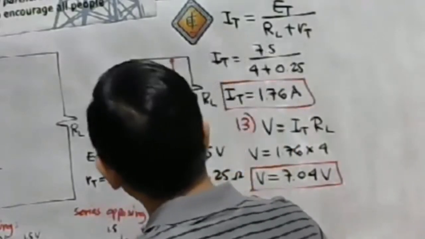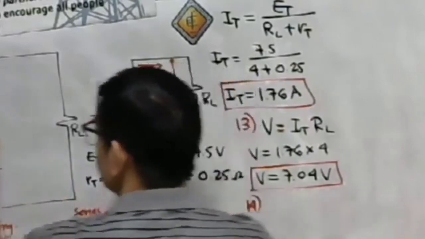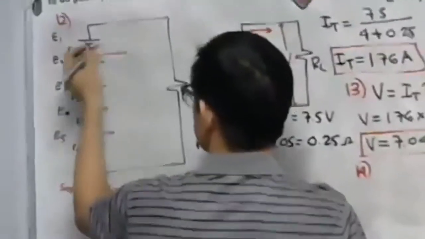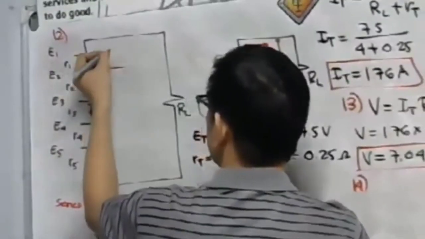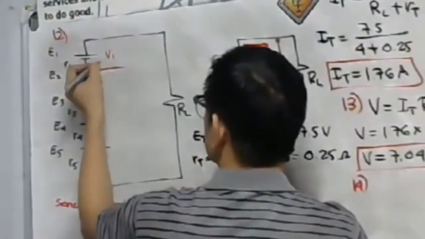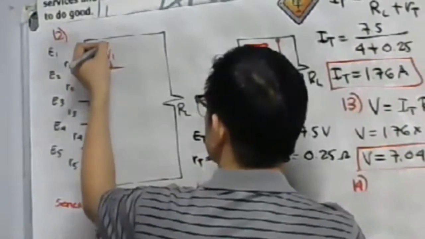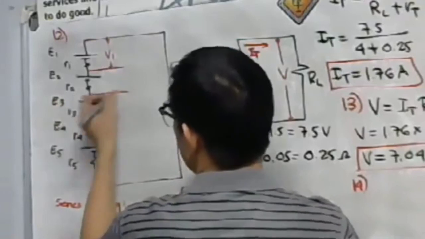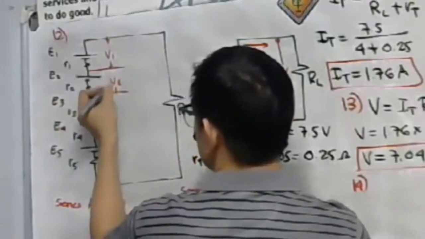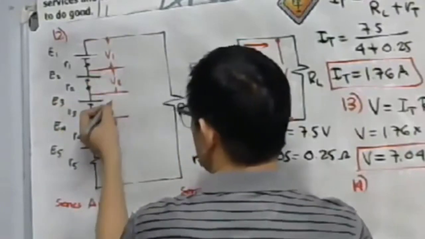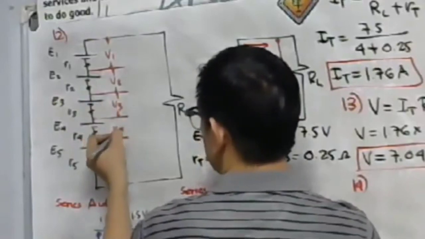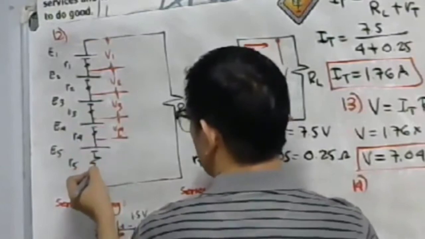So take a look here. The individual load voltages: this is, shall we say, our V sub 1, then we have V sub 2, V sub 3, V sub 4, and V sub 5.